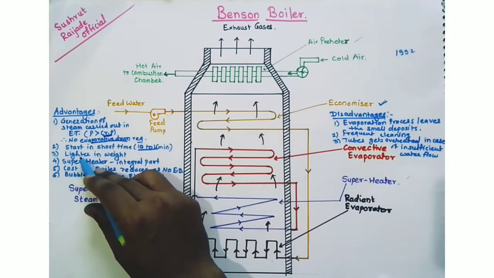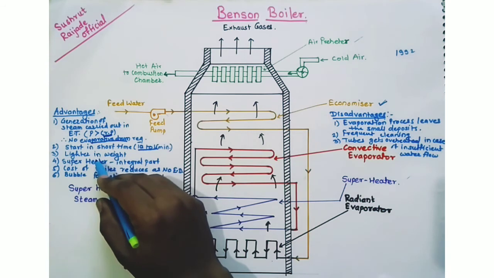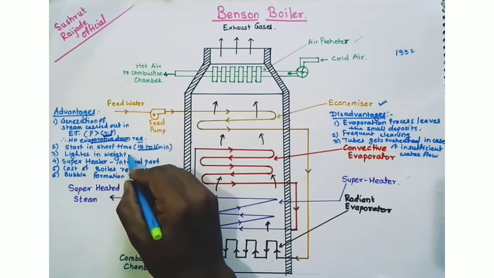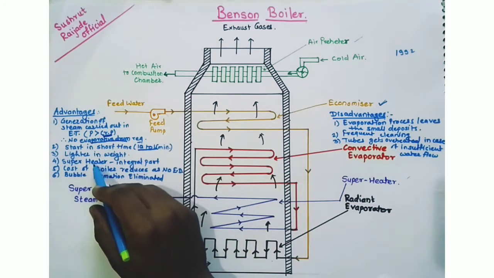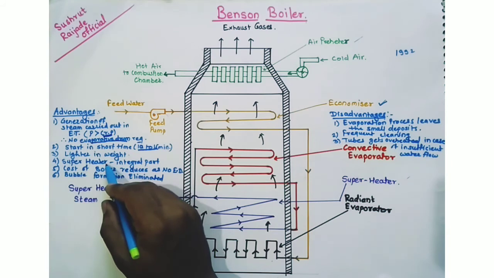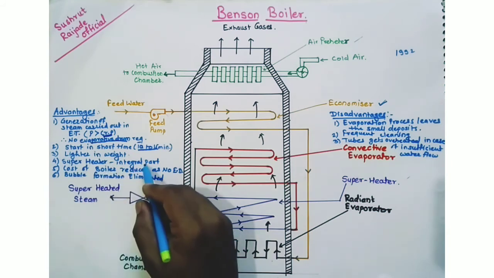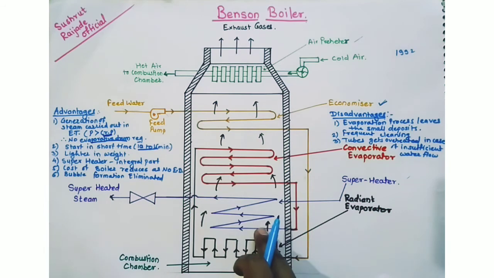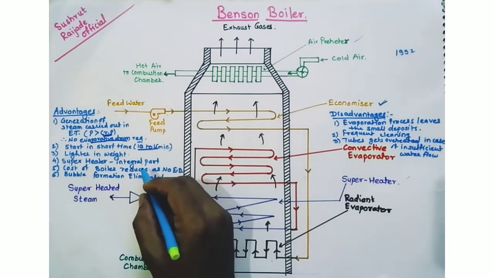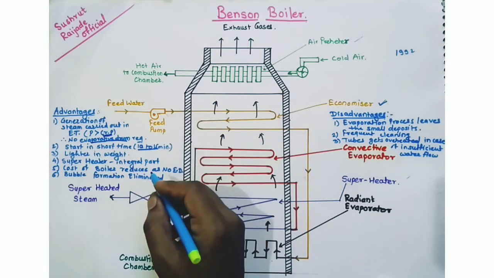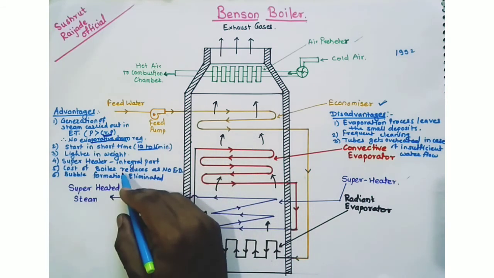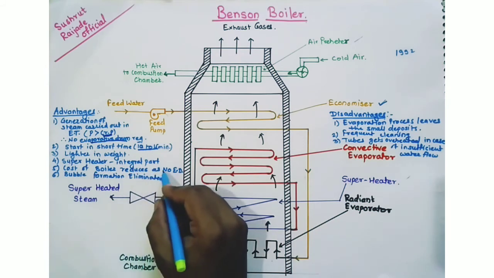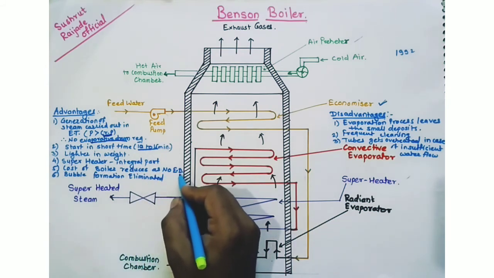Next, the third advantage is that the weight of the Benson boiler is less, and the next one is the superheater. The superheater is an integral part of the boiler, therefore it does not require a starting arrangement in this boiler. The fifth advantage is that the cost of the boiler reduces, as no evaporating drum is required.